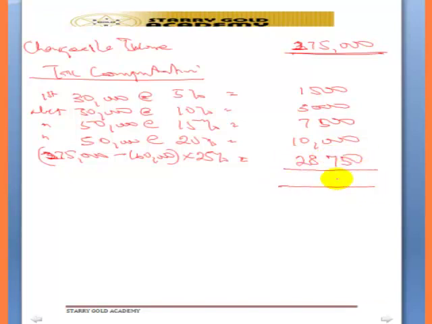So total is 50,750. That is the total tax payable in Nigeria.